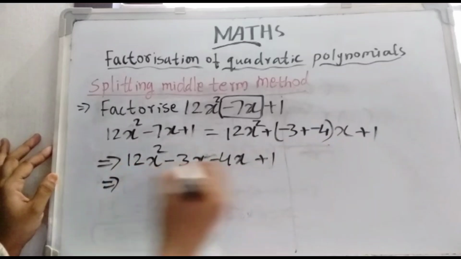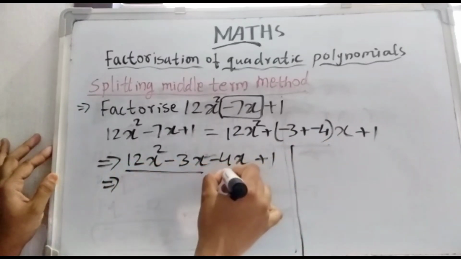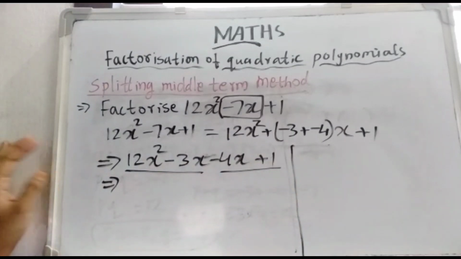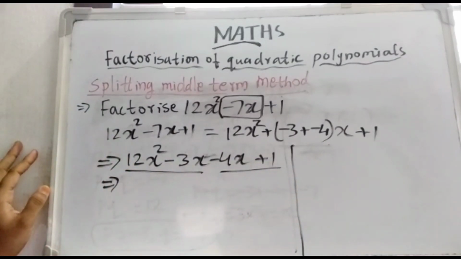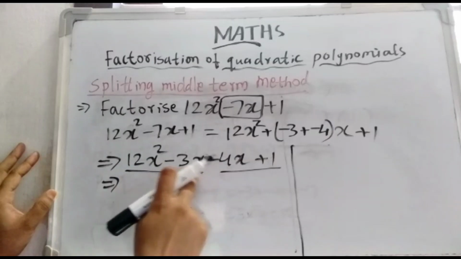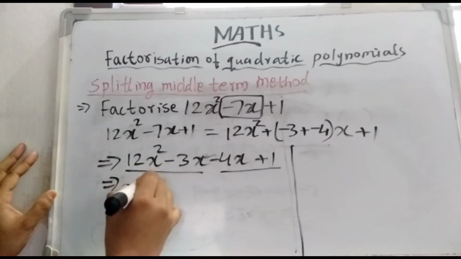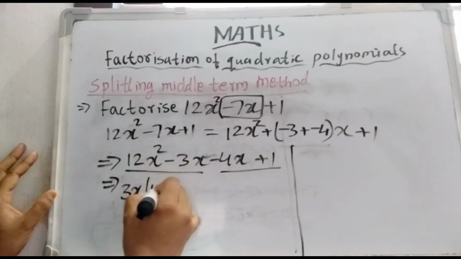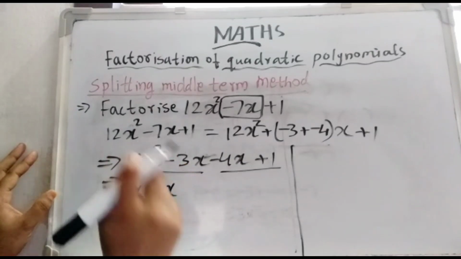Which implies, consider these two terms and these two terms. When we consider the first two terms, which term should we take outside? 12x square, 3x. So 3x we can take outside as common. What remains here? 4x, since 3x into 4x is 12x square.